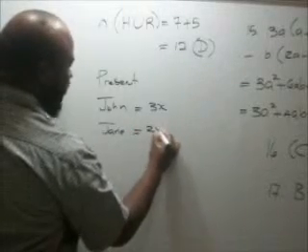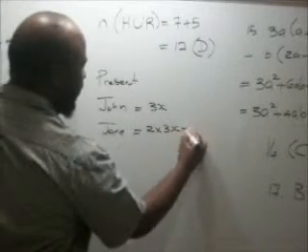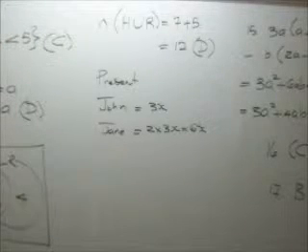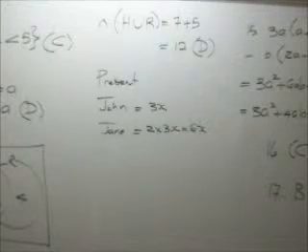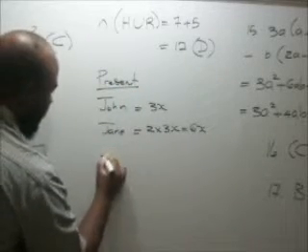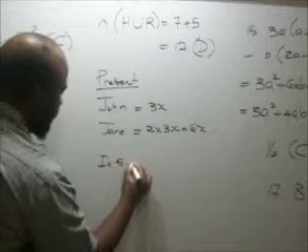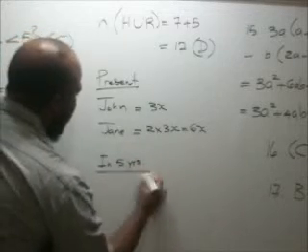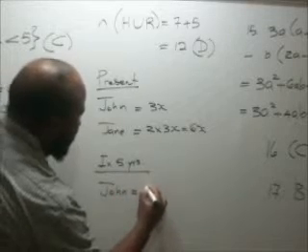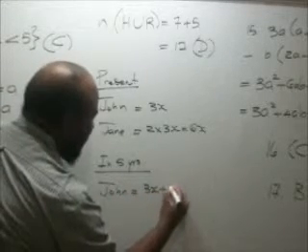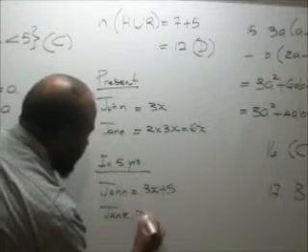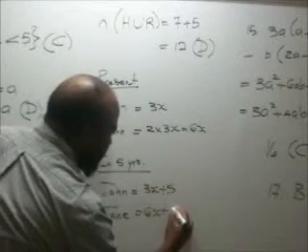So she's 2 times 3x, which is equal to 6x. What will be the sum of their ages in 5 years time? Alright, so this is the present and this is in 5 years. So in 5 years, John's age is going to increase by 5. So John is going to be 3x plus 5, and Jane should also be 5 years older. So she's going to be 6x plus 5.